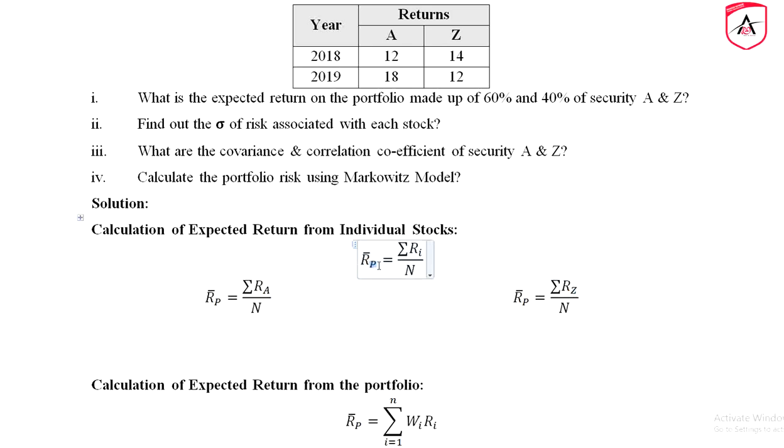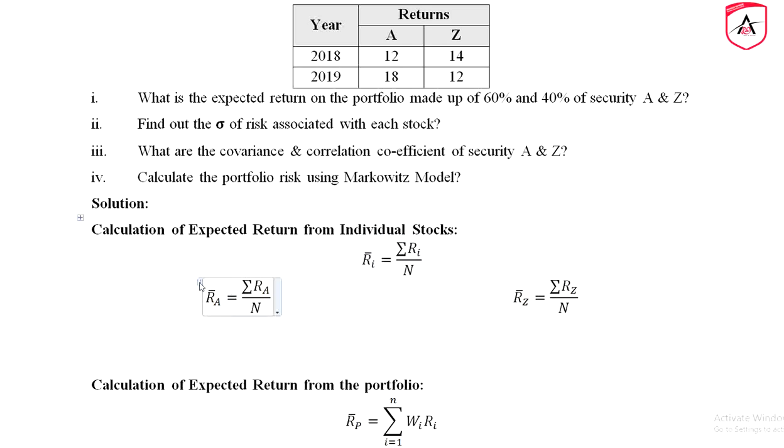Actually, there is a small mistake. It is not return on portfolio, it is on individual stock. So hence we have to write it as I and not P, right? Here individual return on stock A and here individual return on stock Z. If it was a portfolio, we would have written it as P. And now we have to continue.